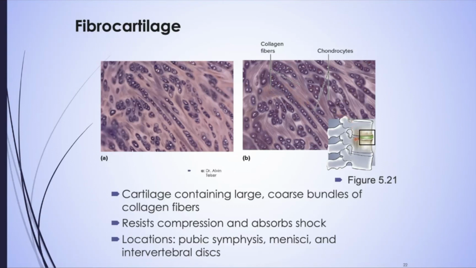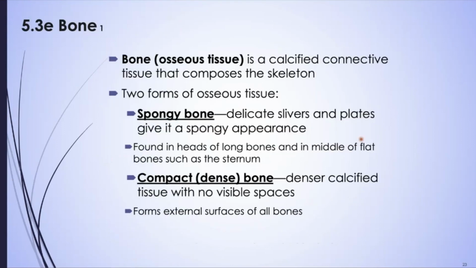This is for absorption of shock and resisting that compression. So it is going to be more compactly made up, but still we don't want it so compact that it doesn't absorb that shock. All righty, moving on to the next type of connective tissue.